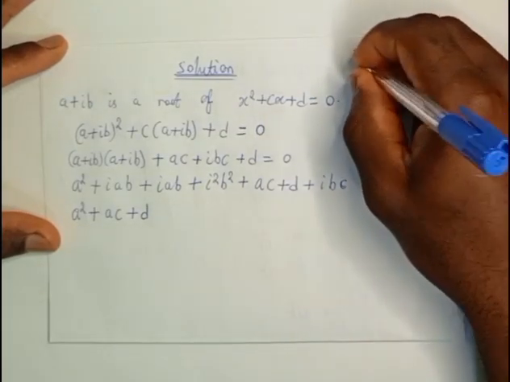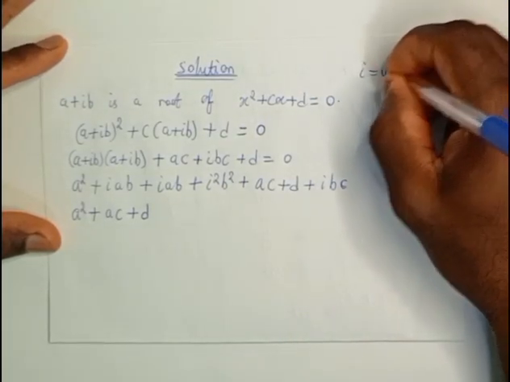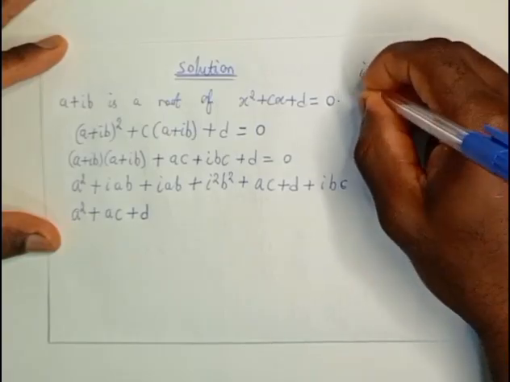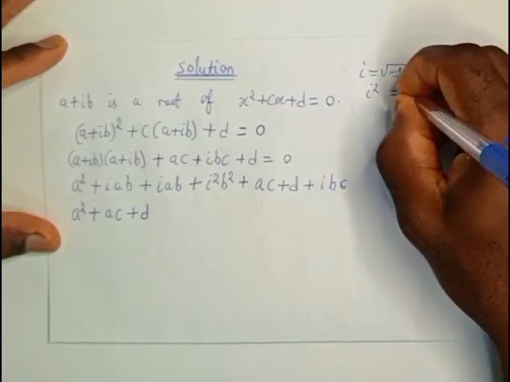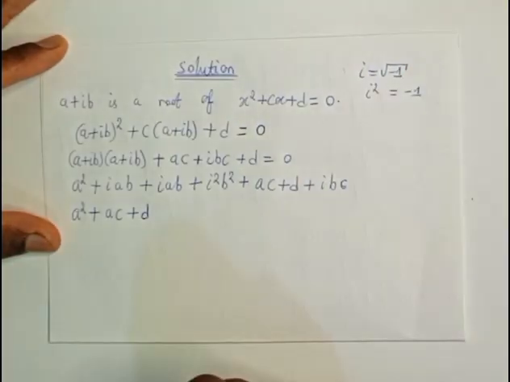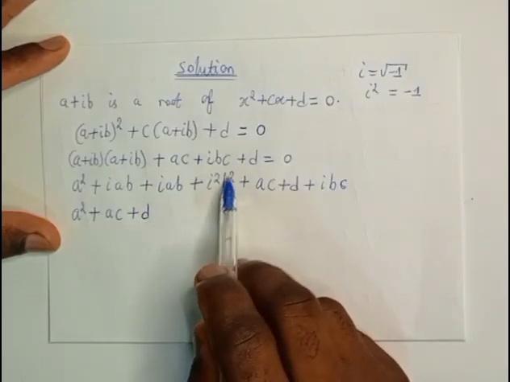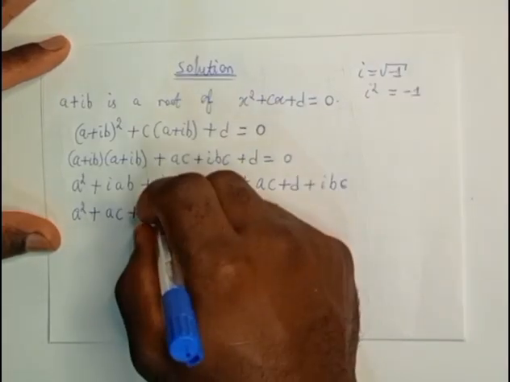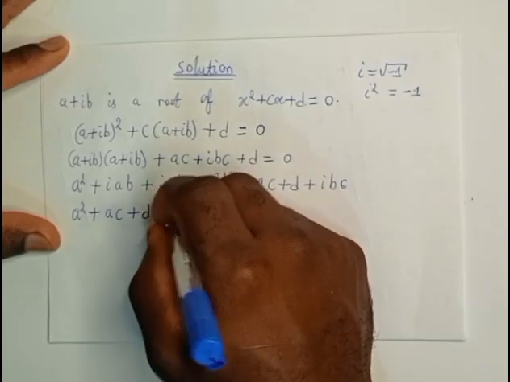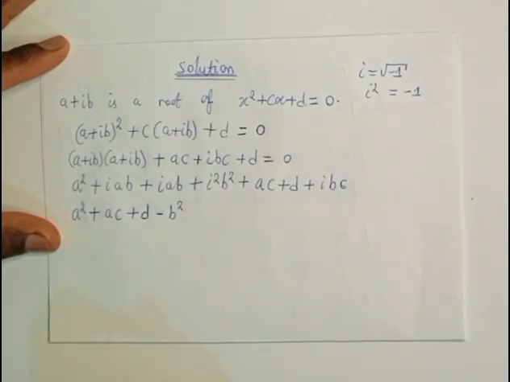Remember, i is the square root of -1. If we square both sides, i squared gives us -1. This will give us -1 times b squared gives us minus b squared.